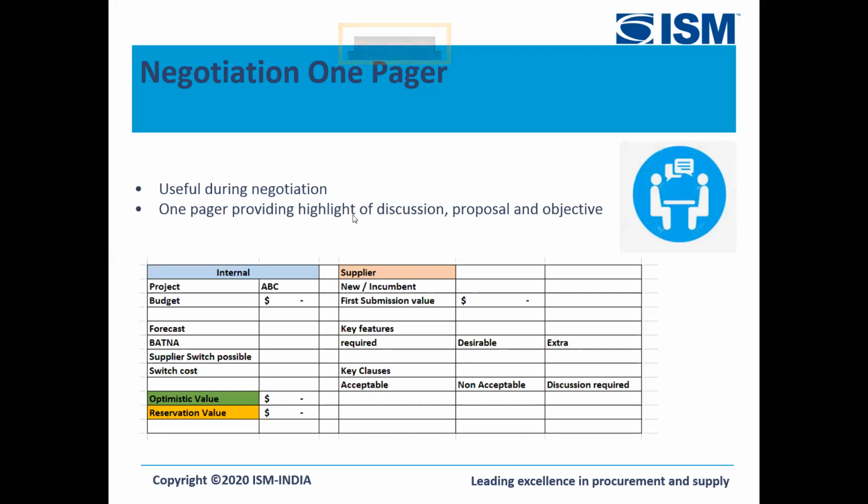Optimistic value stands for the best possible case scenario that we are looking at, and the reservation value is the last value that we would deem as acceptable, and beyond that we would walk away from the deal. So if we have that information available at these times, then it becomes easier, because we do not need to have this in an Excel format or a Word format.